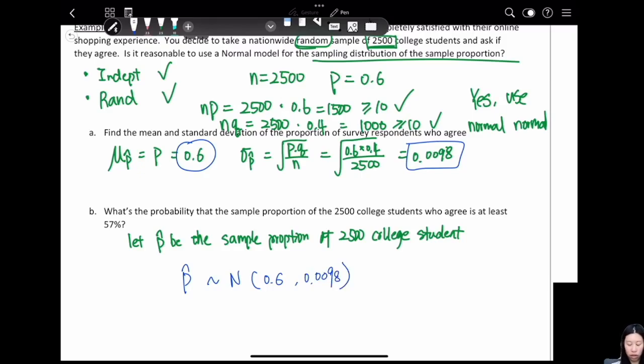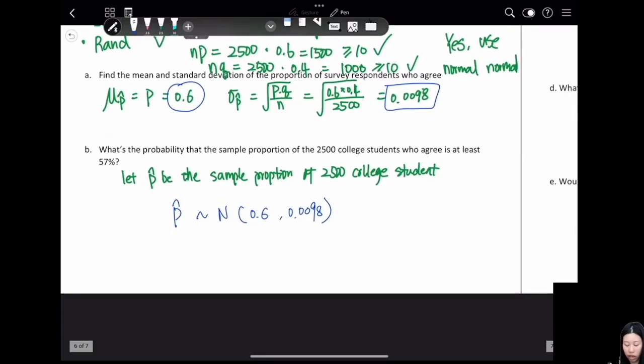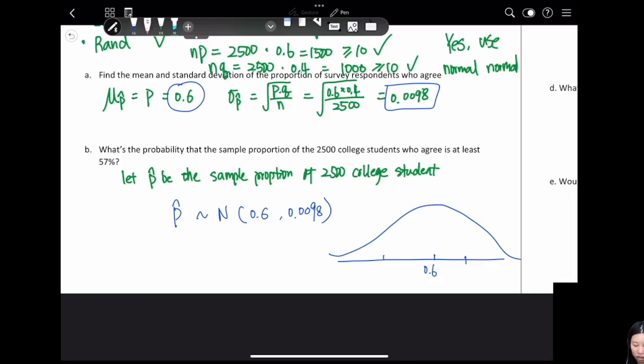If there's a graph, this is going to look like a bell curve with the center at 0.6, and then one standard deviation would be what? 0.6 plus 0.0098, let's say approximately 0.01, because it's easier for us to calculate.